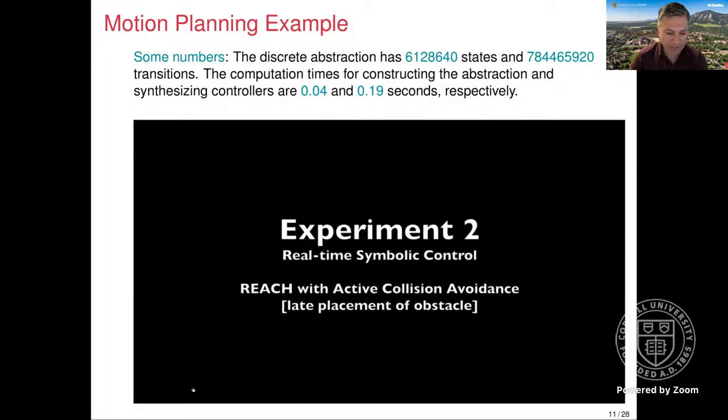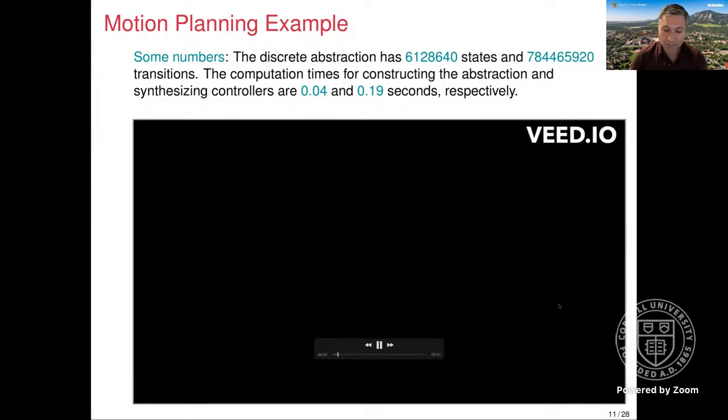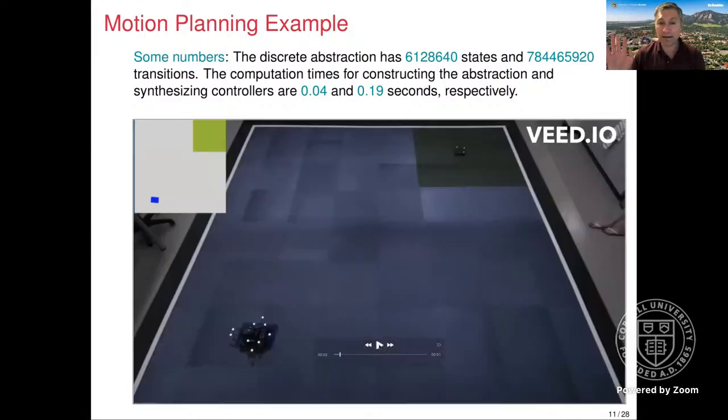So let me show you a video of what we are trying to do now. By the way, I told my student, this is very good. Computation is cheap. Can we have a dynamic environment, rather than a static environment and a controller synthesized for that static environment? So let's make the obstacle dynamic. But then the robot doesn't know anything about the dynamics of the obstacle, nothing.